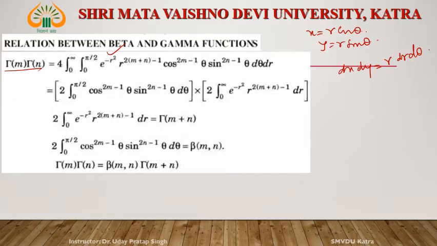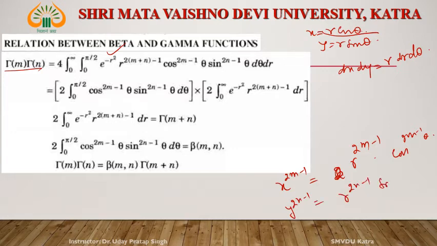Then x to the power 2m minus 1, what is x? x is r cos theta. So r to the power 2m minus 1 into cos to the power 2m minus 1 theta. Y to the power 2n minus 1, y is r sin theta, so r to the power 2n minus 1 and sine to the power 2n minus 1 theta.